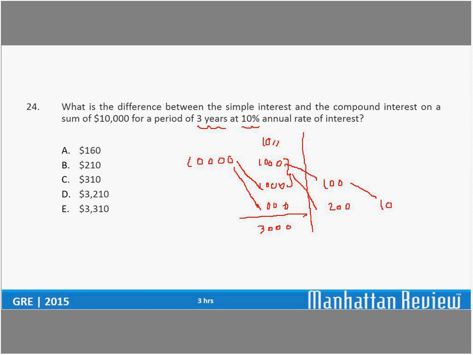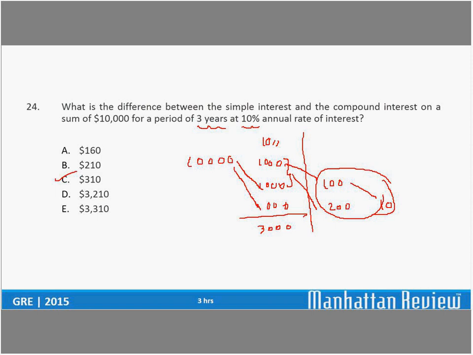So 310 is the extra value that I'm getting as compound interest, so the difference between simple and compound is 310. We are just calculating interest on the interest.